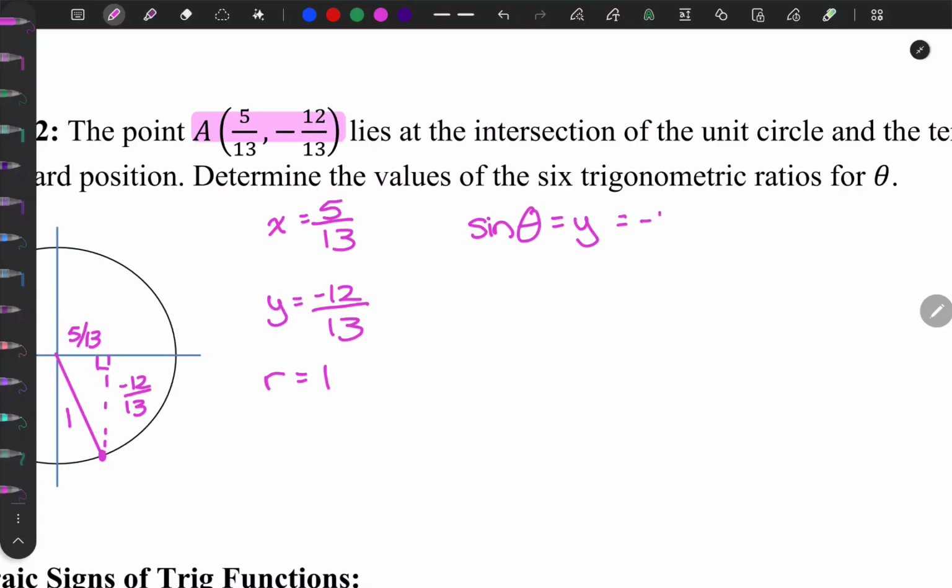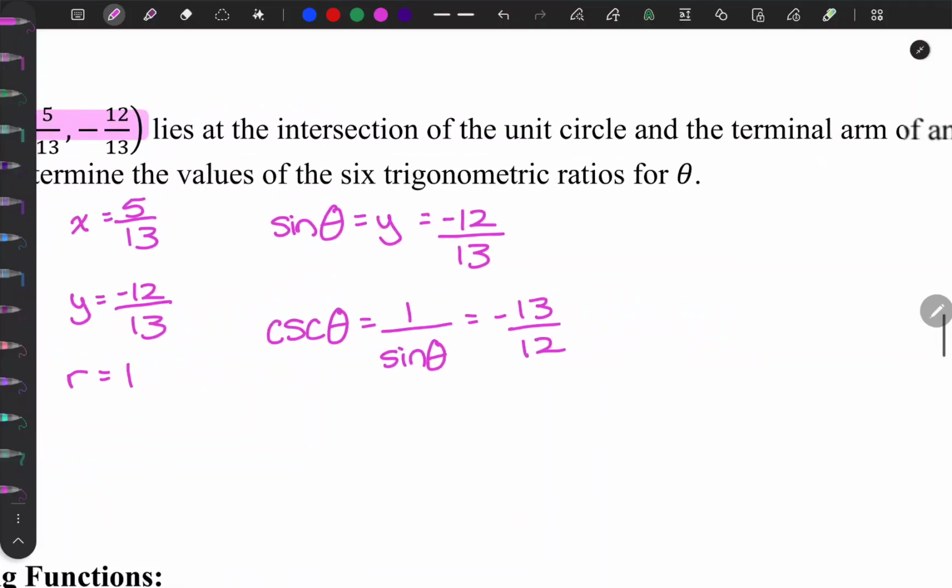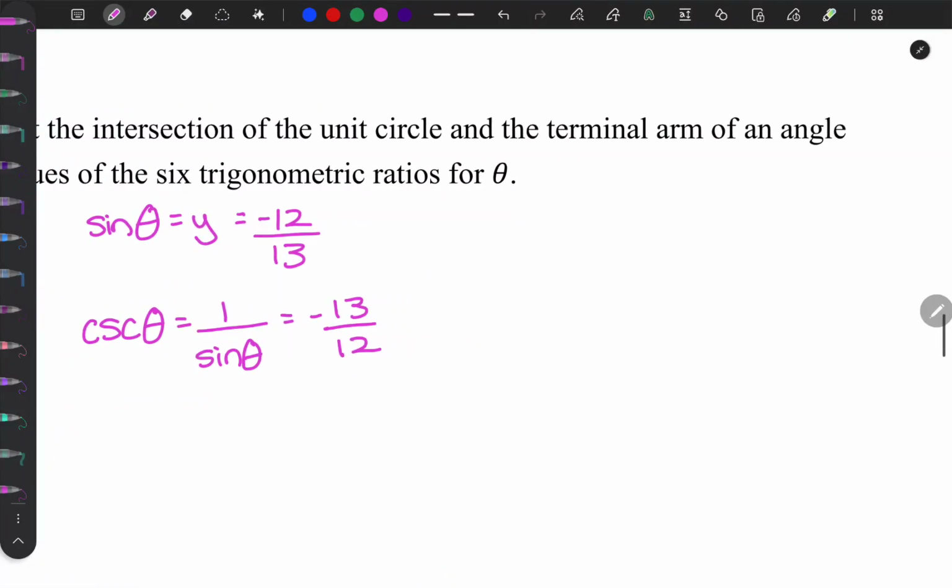So it's just going to be negative 12 over 13. Cosecant is equal to 1 over sine. So we take the reciprocal. This would be negative 13 over 12. So the reciprocal trig ratio is not actually too bad to find. Let's find our other ratios.